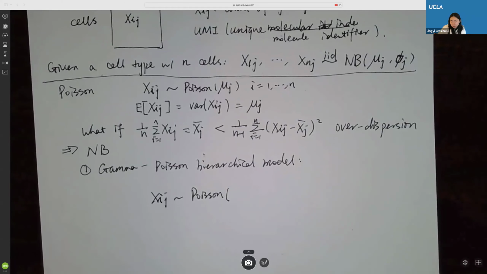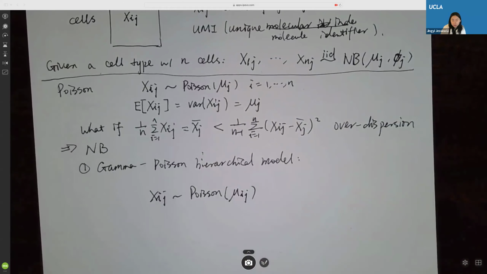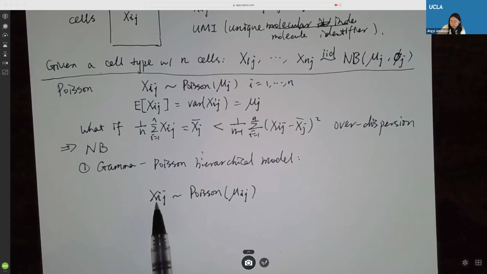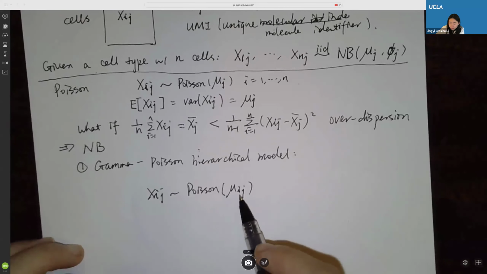What we did is change it to be mu ij. So every count xij has its own Poisson mu ij. Every cell i for gene j can have its true level, and these true levels mu ij can be different for different i's. So the gamma is to describe this distribution of mu ij.